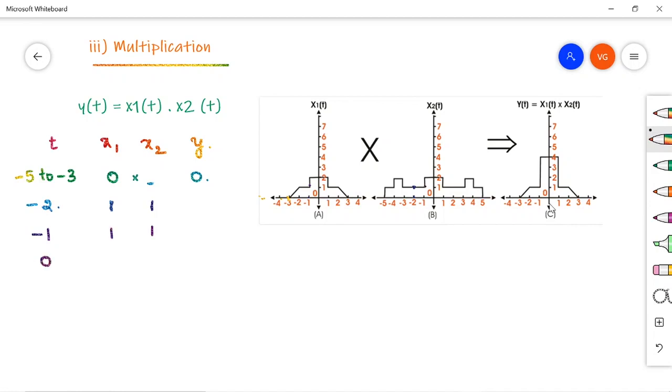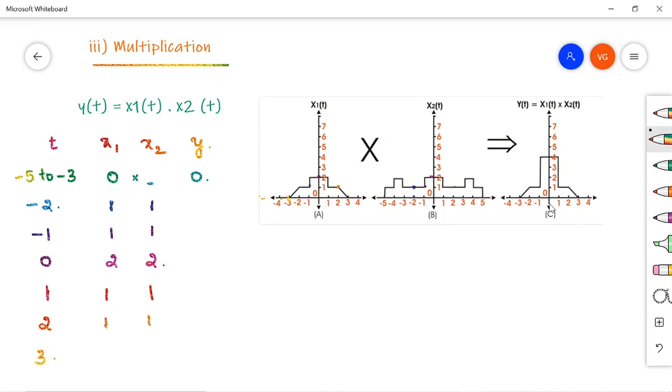At time t is equal to 0, the amplitude of x1 is 2, whereas the amplitude of x2 is also equal to 2. At time t is equal to 1, amplitude of x1 is 1 and the amplitude of x2 is also equal to 1. Similarly, at time t is equal to 2, I have amplitude here for x1 is 1 and x2 is also equal to 1.